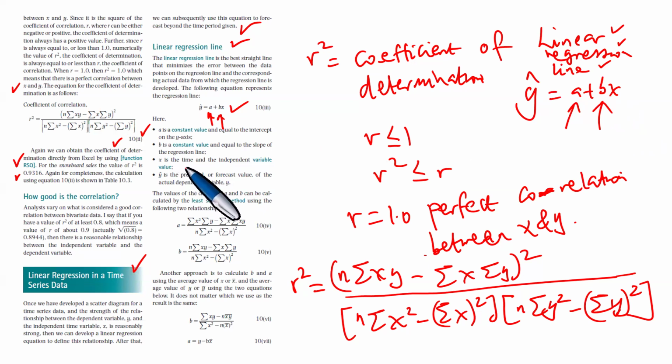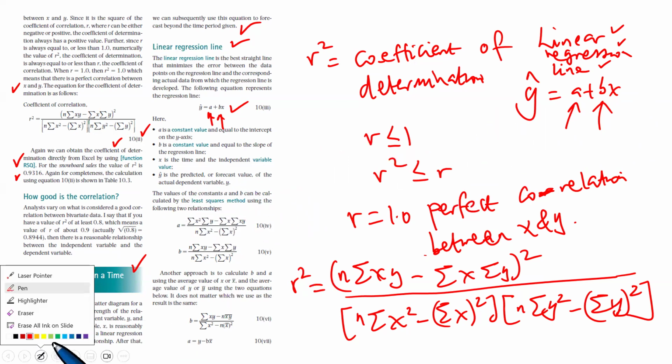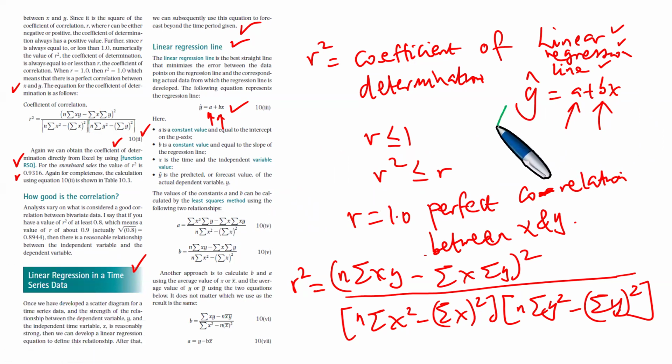x is the time, the independent variable value. Then what is y hat in this formula? y hat is the predicted or forecast value of the actual dependent variable y.